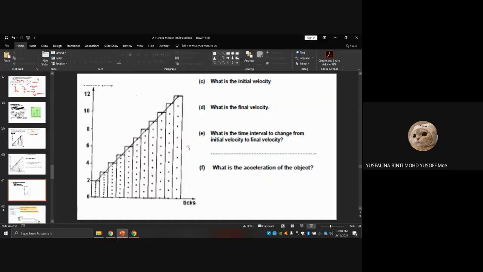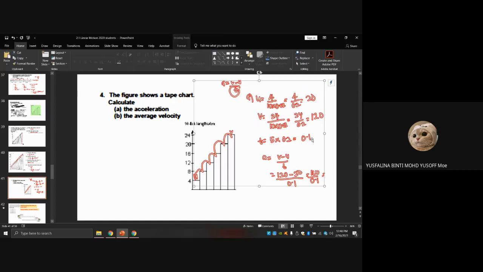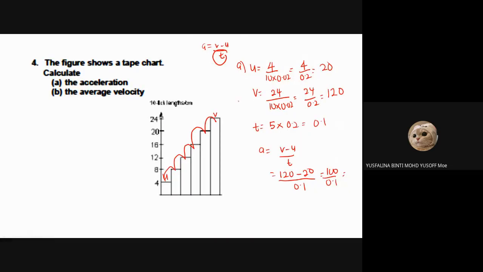Cannot erase anymore. Okay, never mind, this cancels. So this one is 1 second. Thank you for telling me. So you got 100 cms negative 2. Right, thank you. So this is the answer for A.